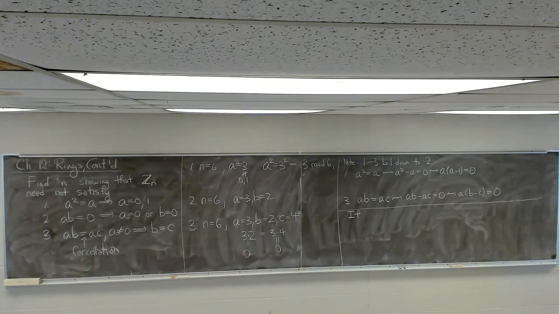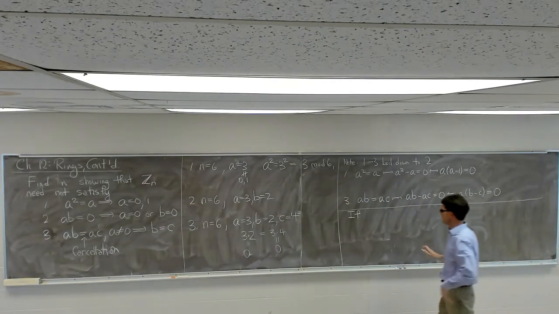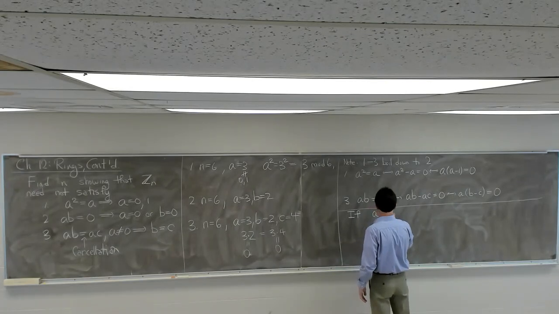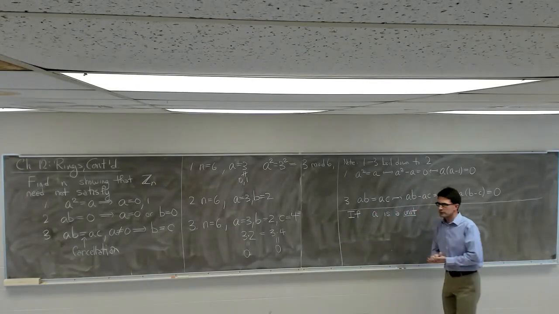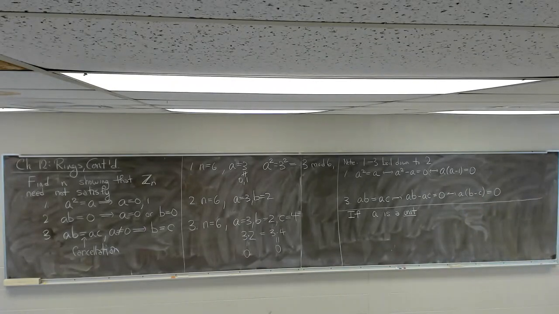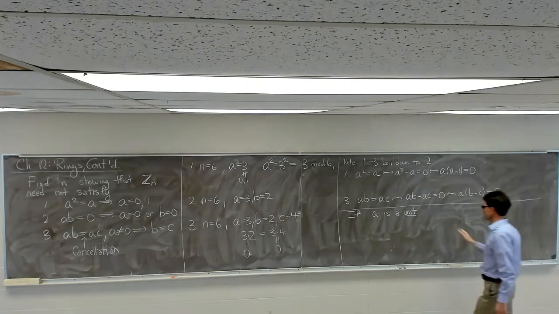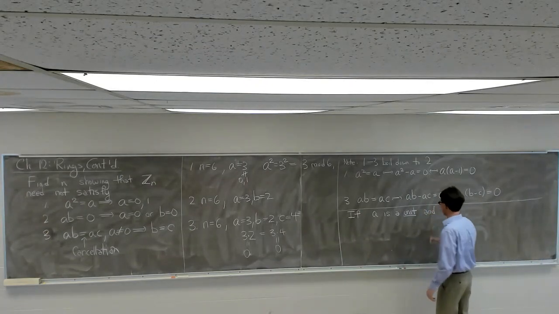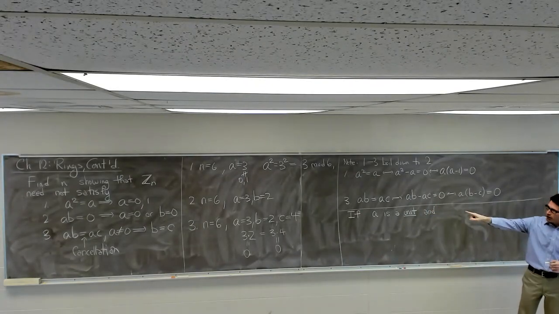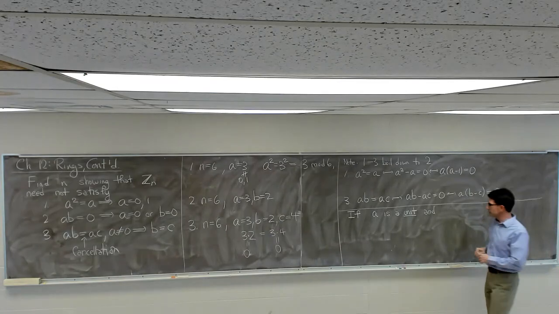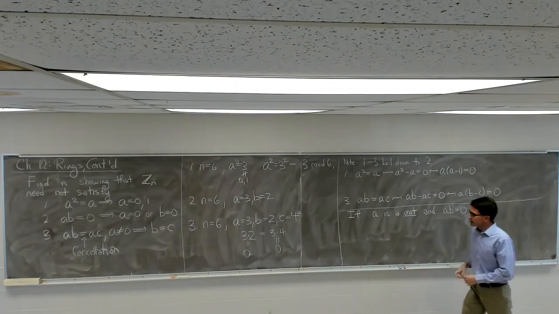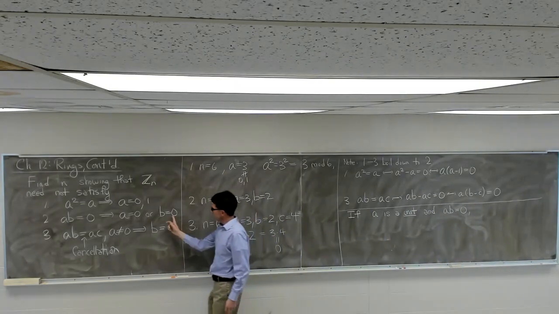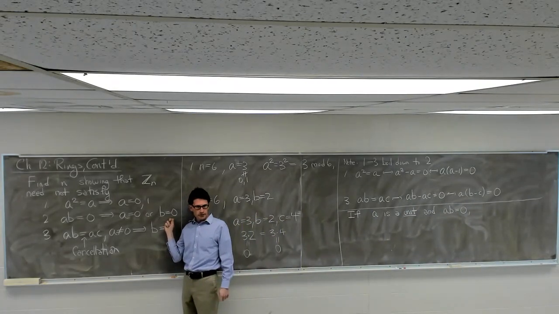So if, for example, in 2, if we suppose that A is a unit, and then we also suppose that A times B is equal to 0, then that forces B to be equal to 0, right?